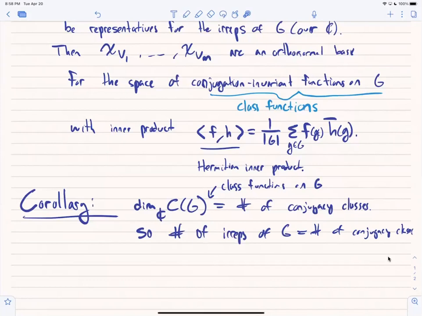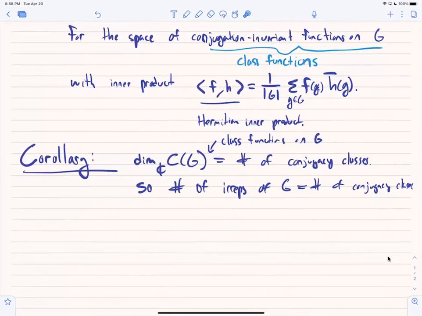This is because I said this was an orthonormal basis for this vector space. It's not just that they're orthonormal, they really form a basis. Once you know they're orthonormal, that gives you linear independence, and then they actually span the whole space. So the number of those things has to be the dimension of the space of class functions, which is the number of conjugacy classes, again because you can take as a basis the indicator function for each conjugacy class.